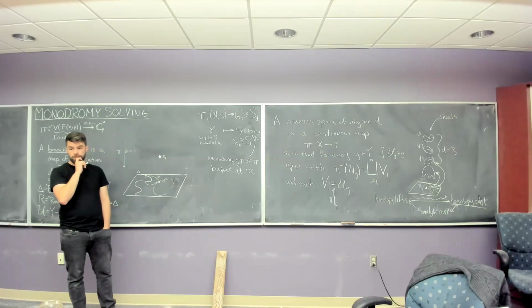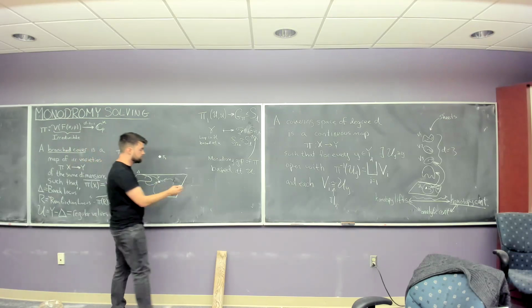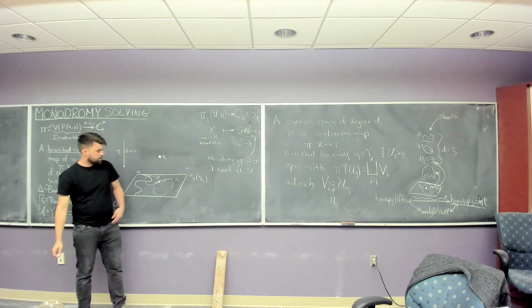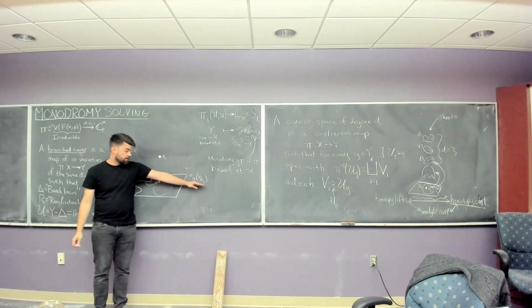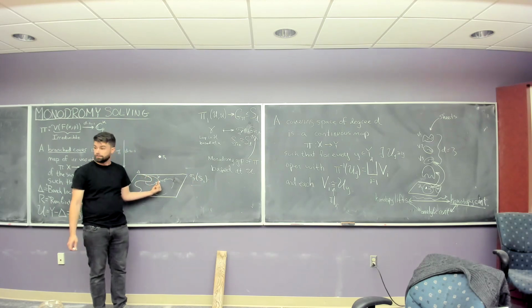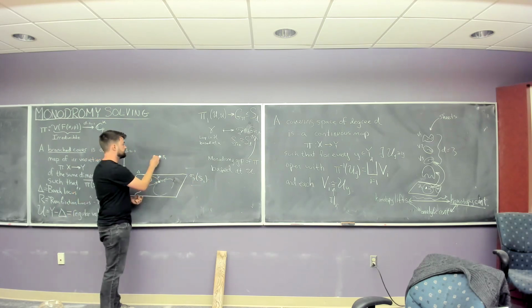And what pops out? Well, sigma of gamma of S1. This is the point in the fiber defined by the endpoint of the path starting at S1 and following this loop again, which very much might pop over to some new point, S2.